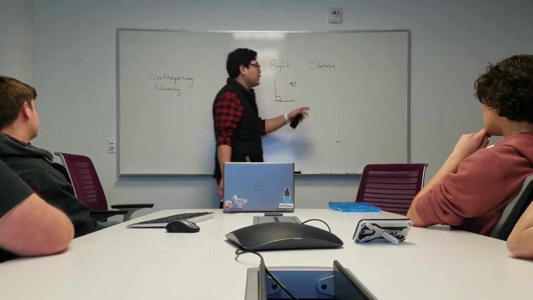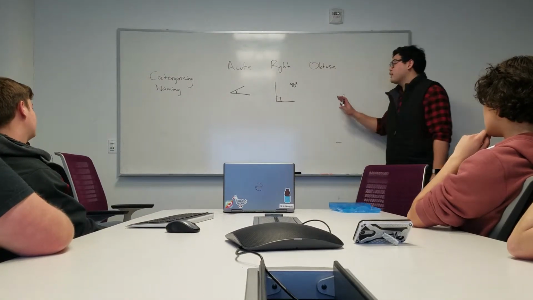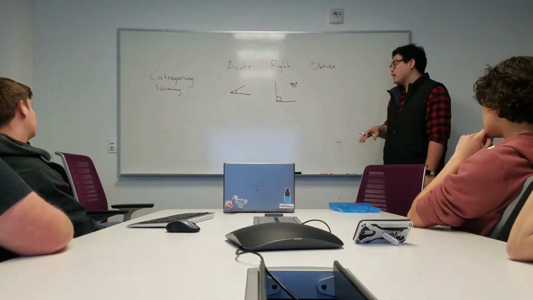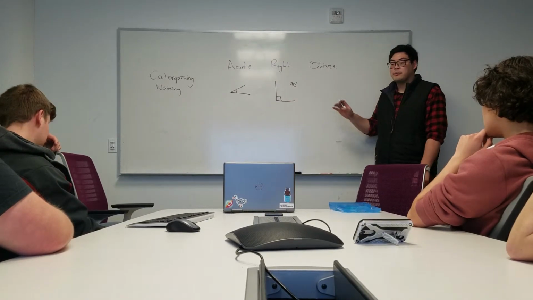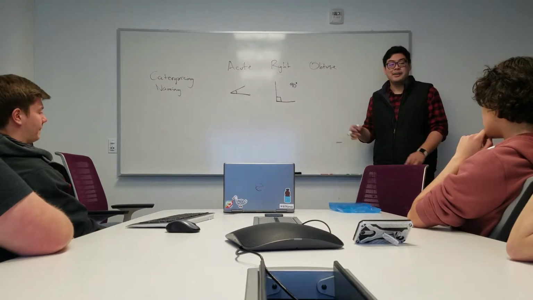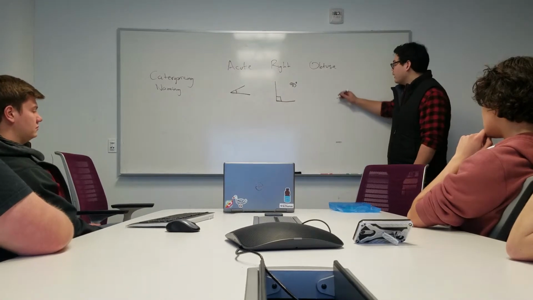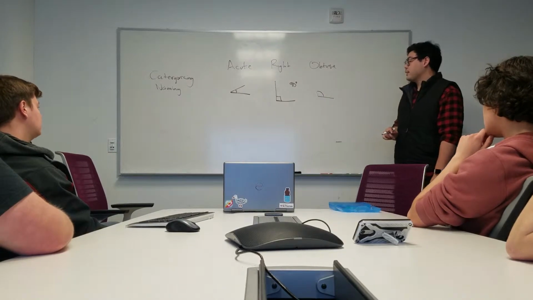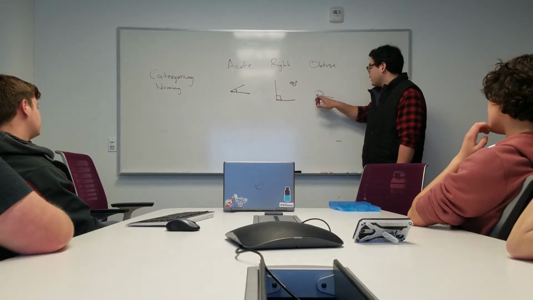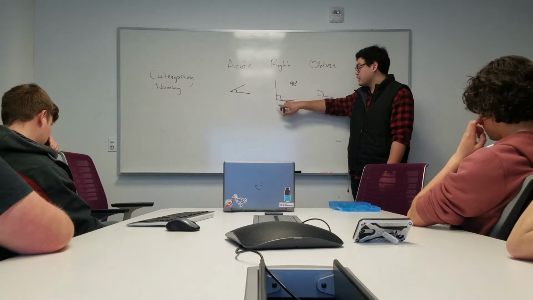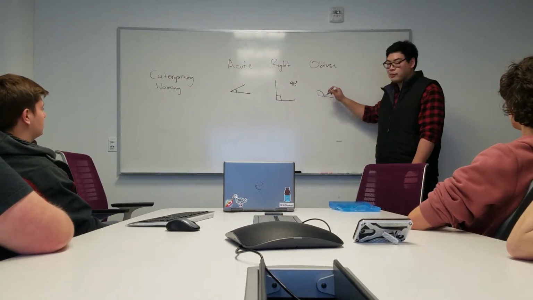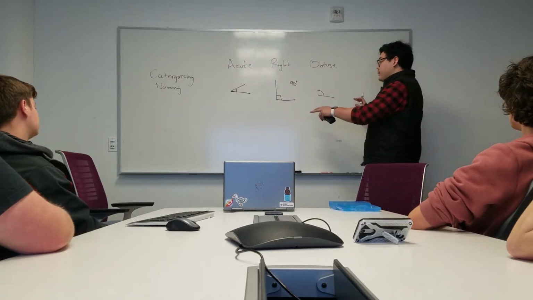The obtuse angle is bigger than 90 degrees but less than 180 degrees. Another word for obtuse is wide, so like a wide angle. Notice that for the right angle, it's a little box to show the angle, but for acute and obtuse, it's a little curve. So those are the three angles.